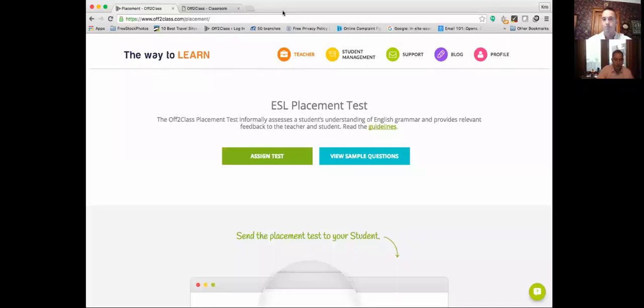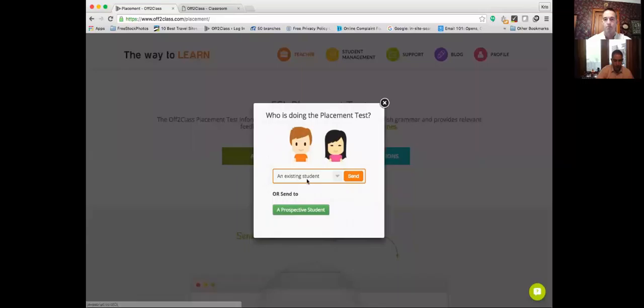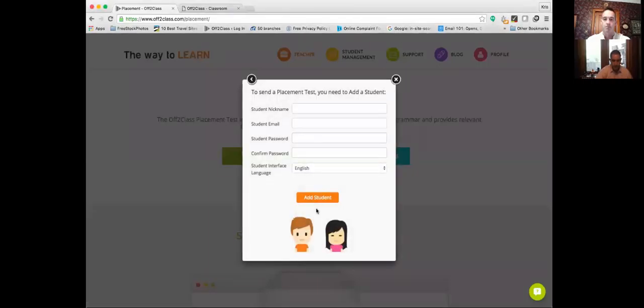So the way it works is when I go to assign this test, I'm in charge as the teacher to set up the student account. I would click on a prospective student button here. I'm going to send the test to a prospective student, and I set up the student account.